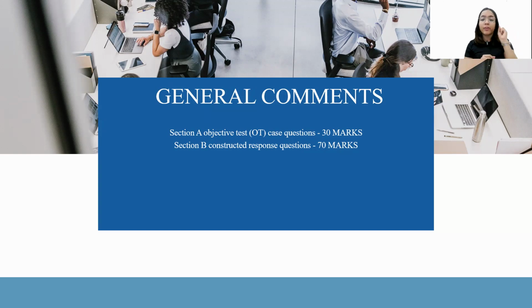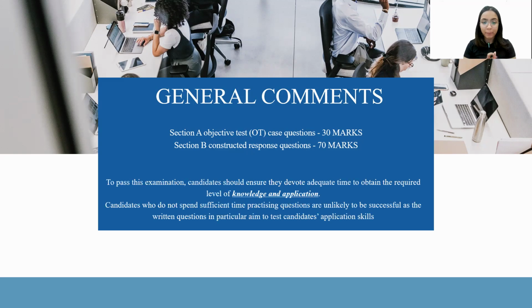For 30 marks, we will be having 3 objective case questions where you will be getting 5 MCQs for 1 question. So 5 MCQs, each of 2 marks, making 10, and making it 3 questions. When it comes to the 70 marks, we will be having again 3 questions: 30, 20, 20. So this would be the marks distribution when it comes to the AA paper.